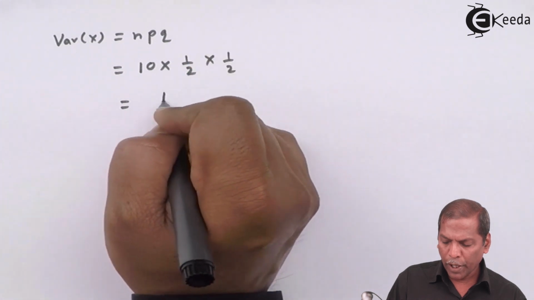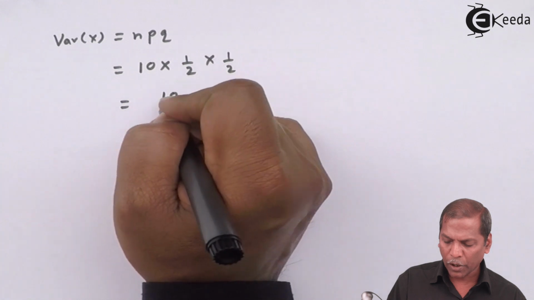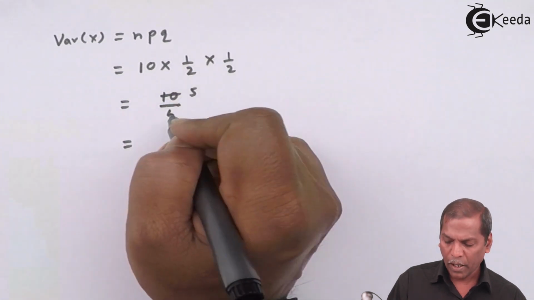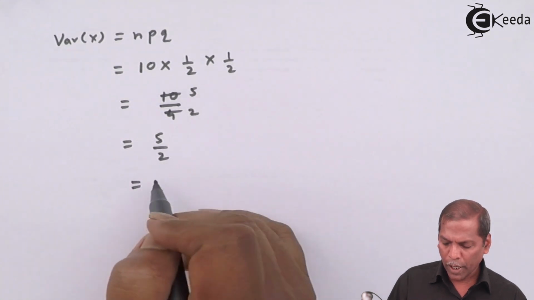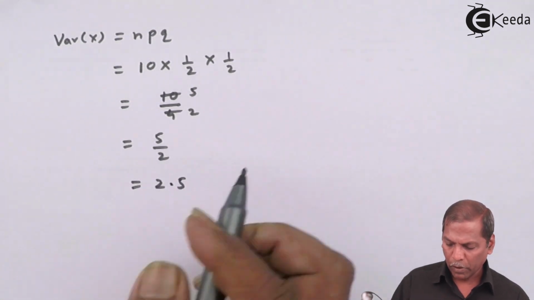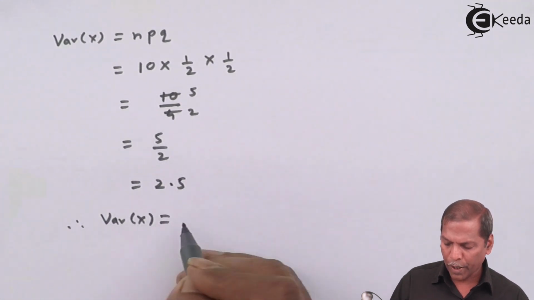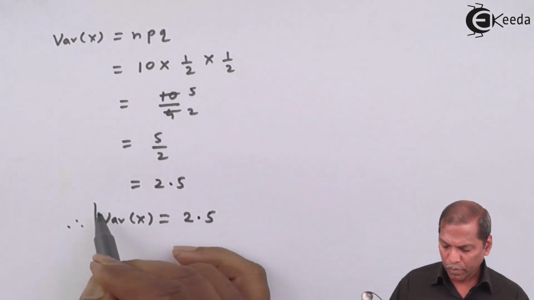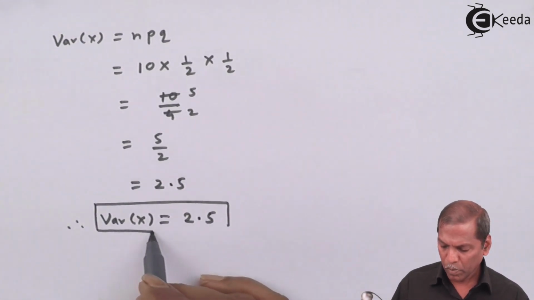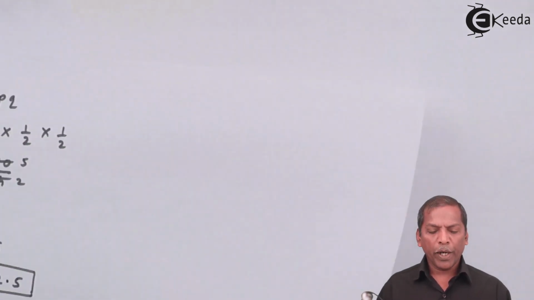So here we get 10 upon 4, that on cancellation, 2 5s are 10, 2 2s are 4, so we get 5 upon 2, that is 2.5. So finally variance of x is equal to 2.5. So in this way we complete the first part of the problem.